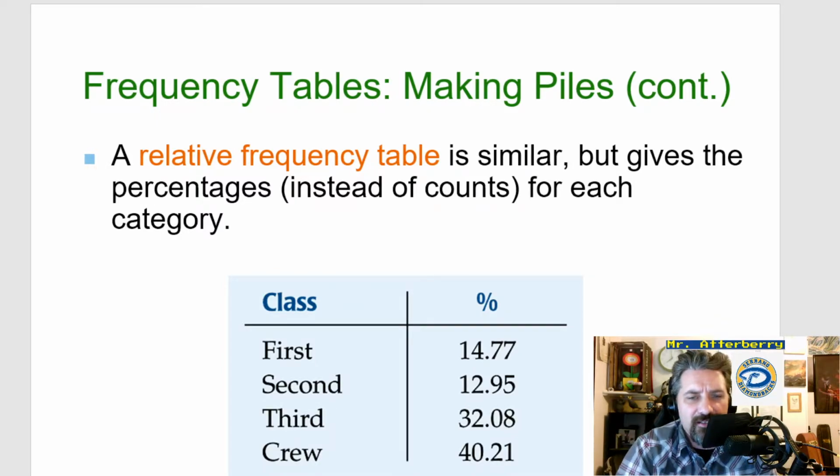So first class, second class, third class, and crew, we notice here that instead of giving the raw numbers, we give them as percentages. It's called relative frequency because if you have different things that are grouped together and you have, let's say, all these tickets here, and we don't quite know if there were 100 tickets sold, 500 tickets sold, 10,000 tickets sold.